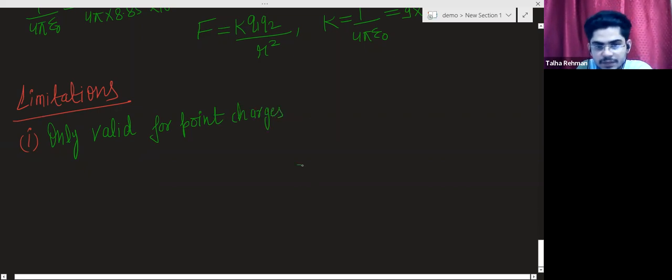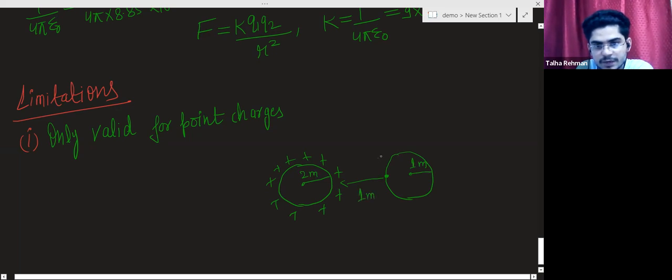Like if I am saying this is a positive charge, and this charge is a very big charge, means you can say that this has a radius of 2 meter. And suppose due to this charge, if I want to calculate the force on another charge, and these are separated by 1 meter.